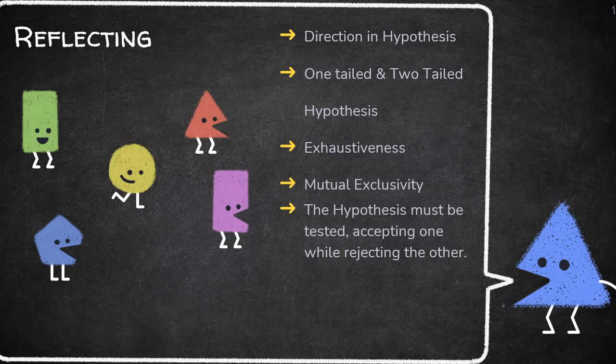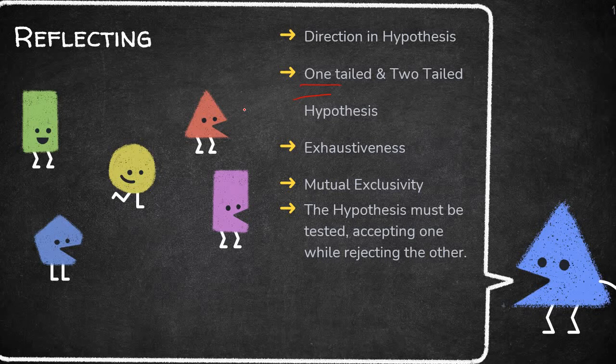Reflecting on what we have covered in this video, we discussed direction in hypothesis. A hypothesis is a specific statement, and because it is specific, it also translates into specifying a direction. You could find the direction in a one tail test, so either increase or decrease, and you always test your alternative hypothesis with respect to the null hypothesis.